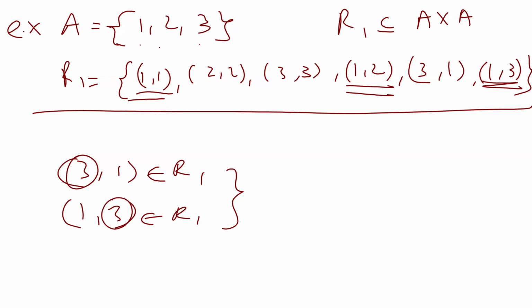This implies (3,3) should also belong to R1. Is this true? Come on, guys, please reply.